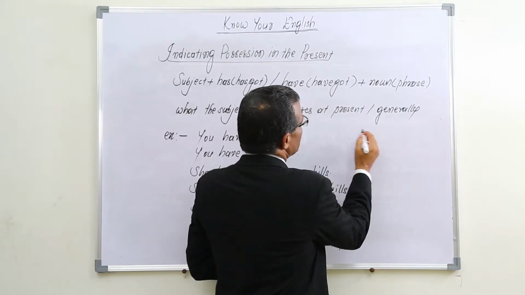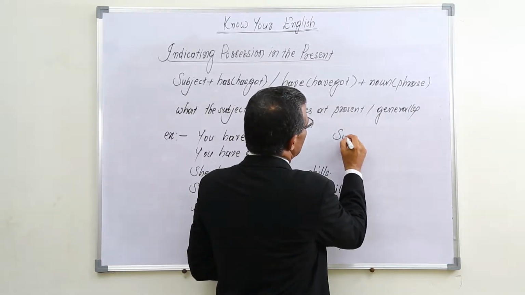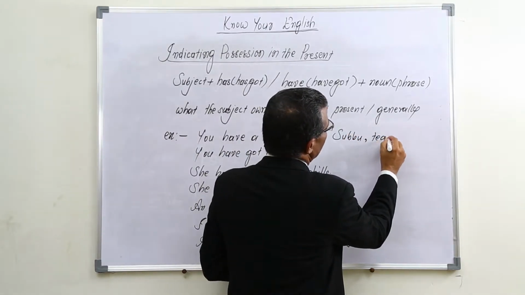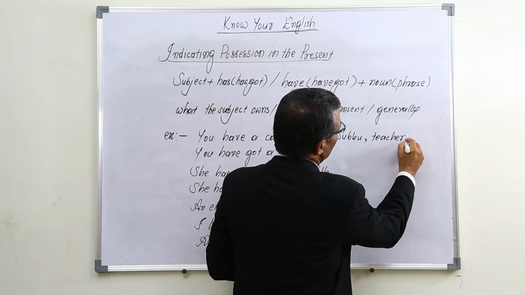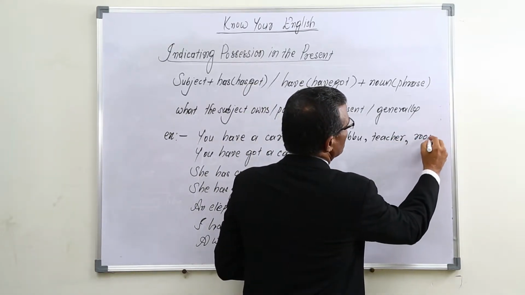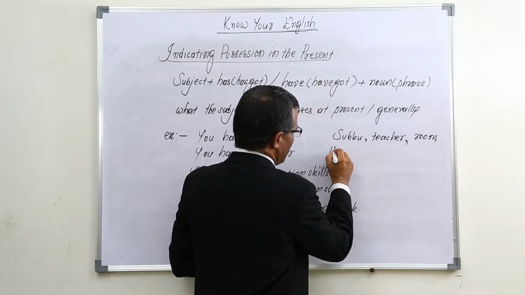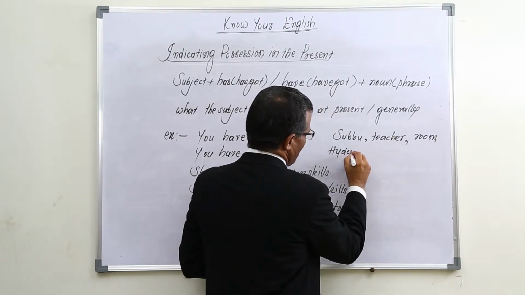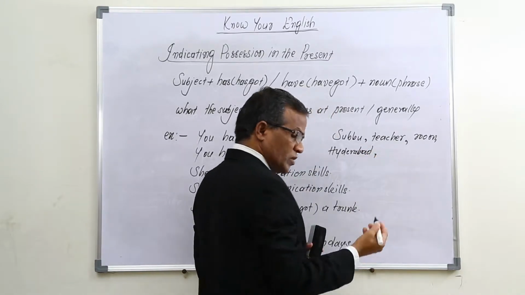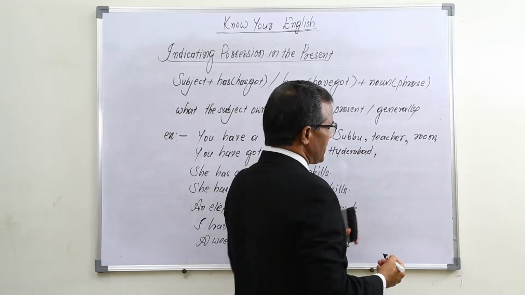For example, name of a person, for example, Subbu, or teacher. Place, for example, room, or Hyderabad. Thing, name of a person, place or thing.